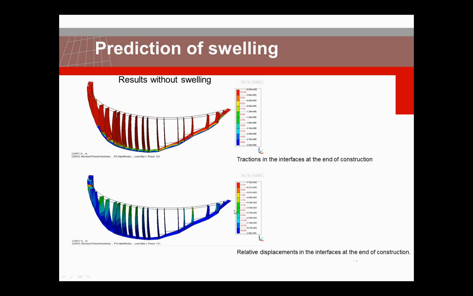And you can see here that the opening is green, is around 3 millimeters up to 7 millimeters at the maximum opening that you find here locally. So that means that these columns after construction are bending outwards, upstream.